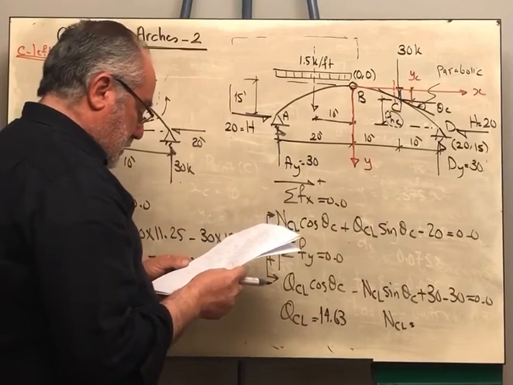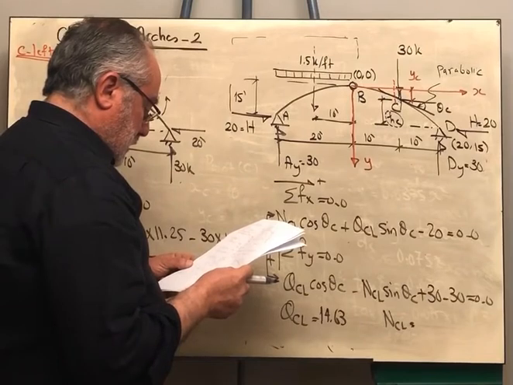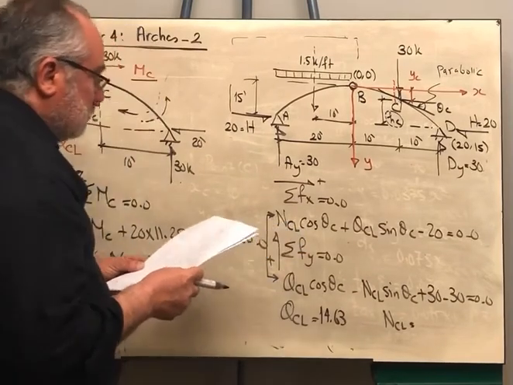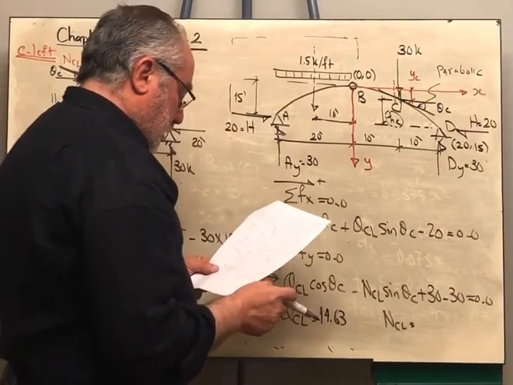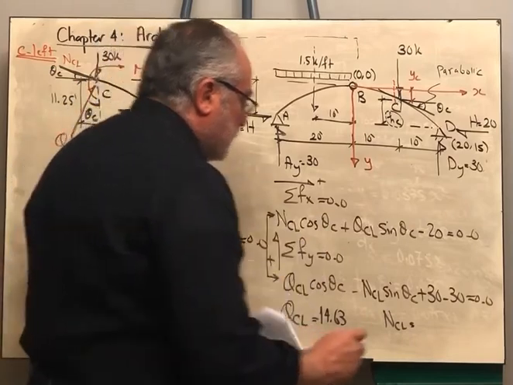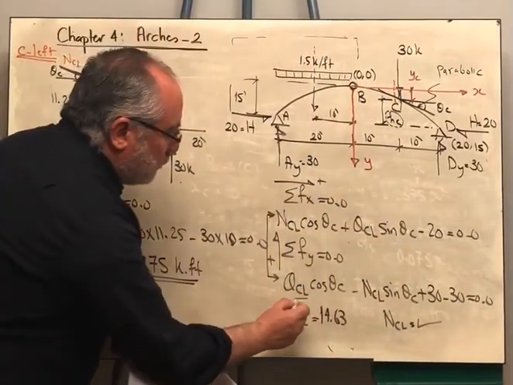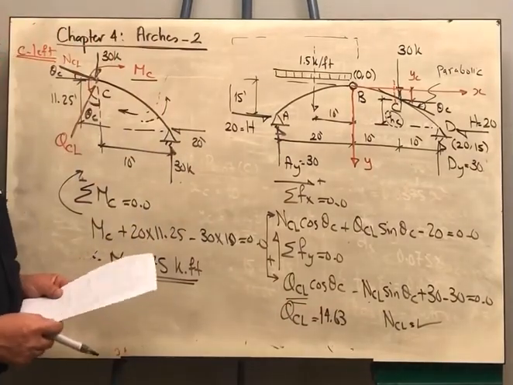I did not really calculate this in here. We can determine the value of the normal force. If we solved for this one, we can determine the value of the normal force easily from this equation.